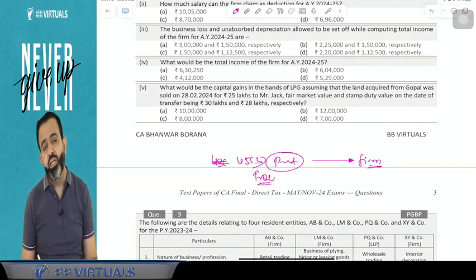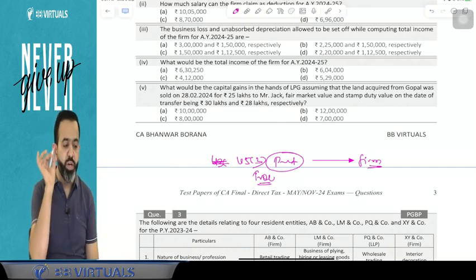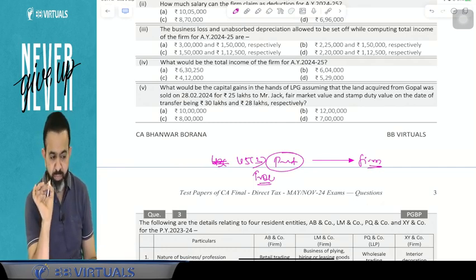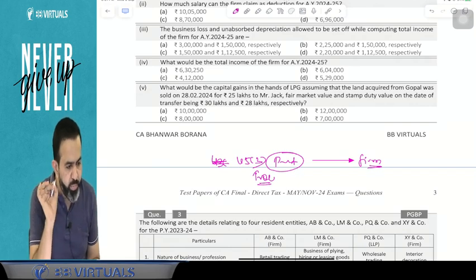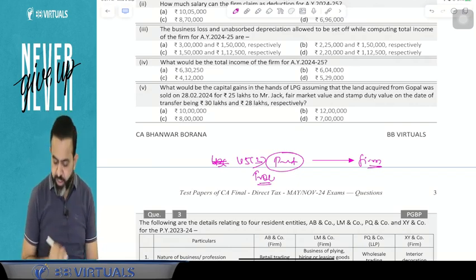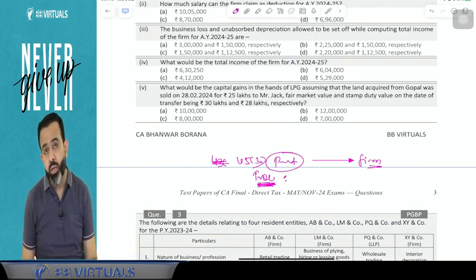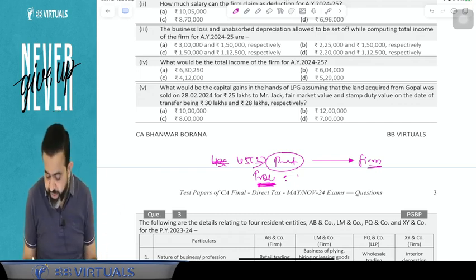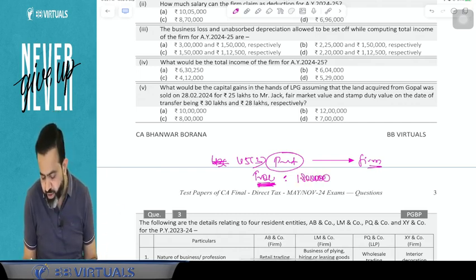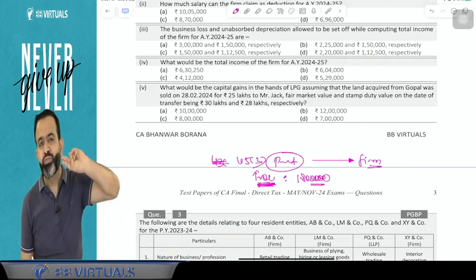It is the amount recorded in the books of the partnership firm. So here, the full value of consideration in the hands of the partner is 18 lakh rupees, the value at which it was recorded in the books of the partnership firm.